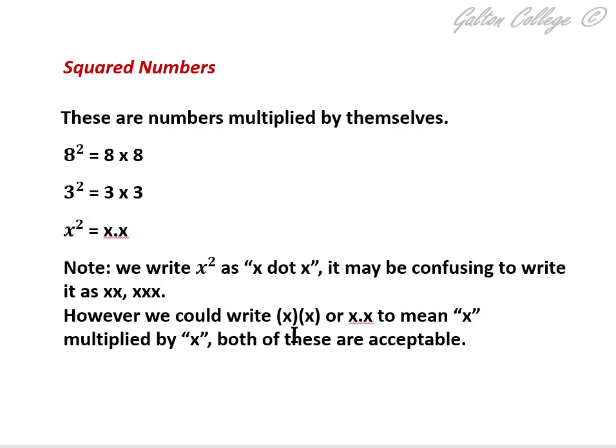So we could write x bracket x, or even x dot x to mean x multiplied by x. Both of these are acceptable, provided we understand what's going on. So we should be able to read it and understand that this means x squared here.